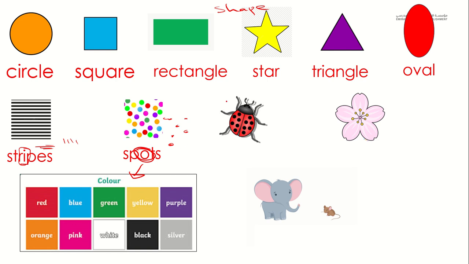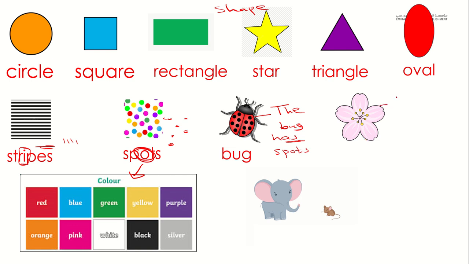So this here in the next picture is a bug, and we can see that this bug or the bug loves S because it's one thing. The bug has spots.